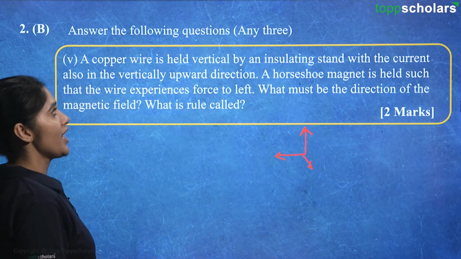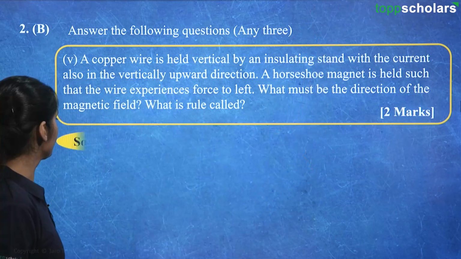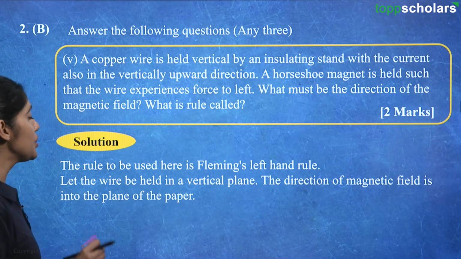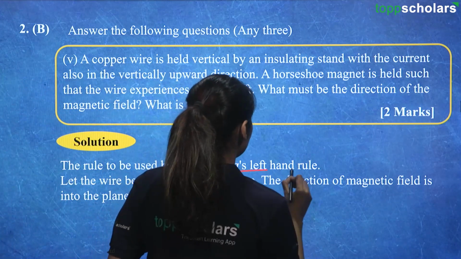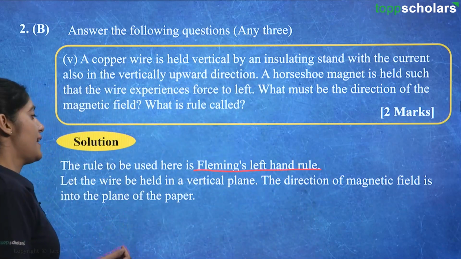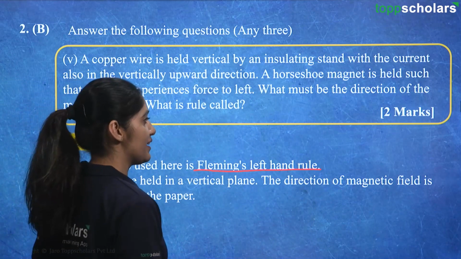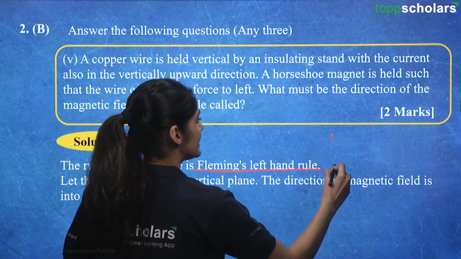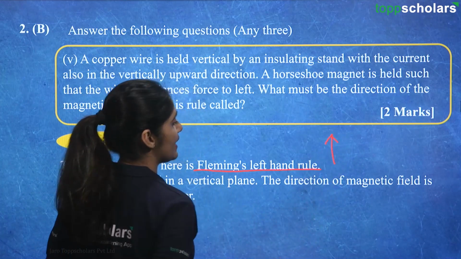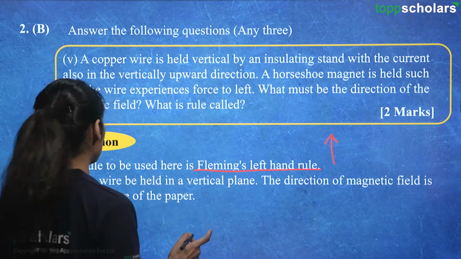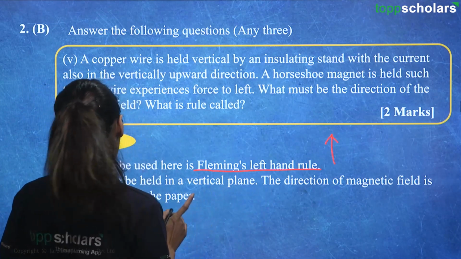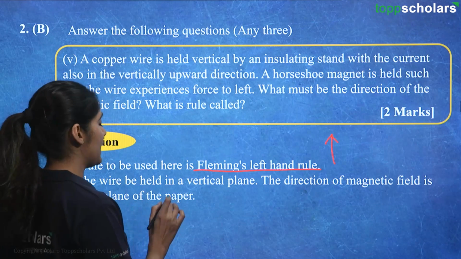So let's check if our answer matches. The rule to be used here is Fleming's left hand rule, so we are correct about this part. Let the wire be held in a vertical plane, and the direction of the current is also in the same direction. The direction of the magnetic field is into the plane of the paper.